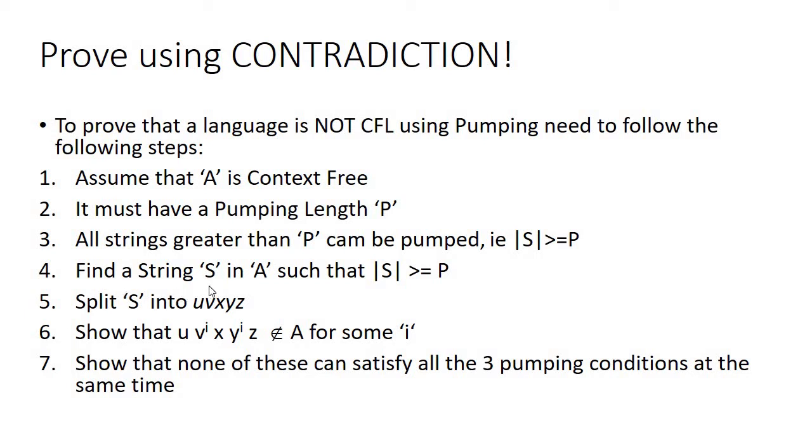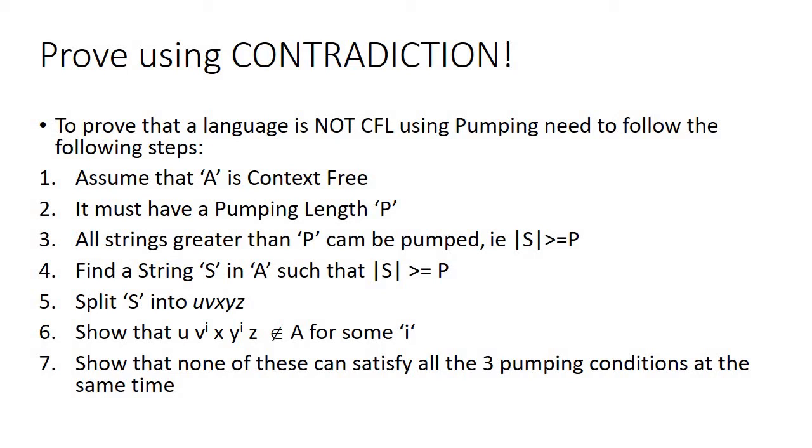We need to find a string S in A such that the length of S is greater than or equal to P. Then we need to split S into 5 parts, U, V, X, Y, Z, where U V^i X Y^i Z should not belong to A for some particular i.